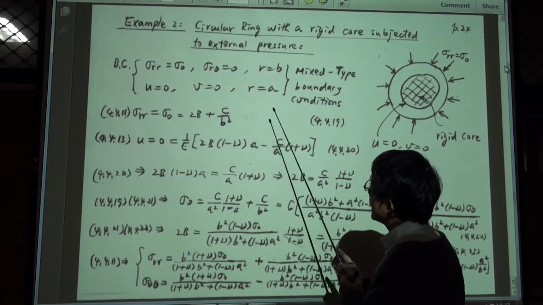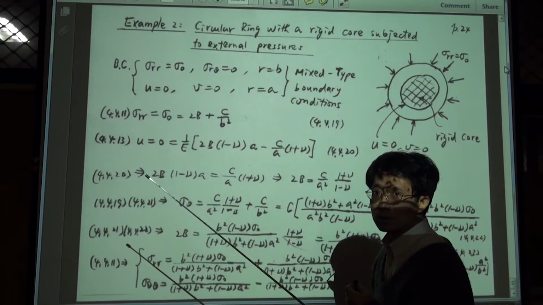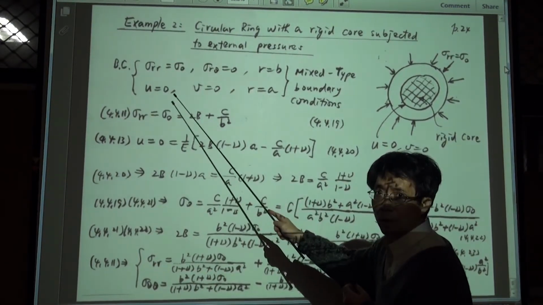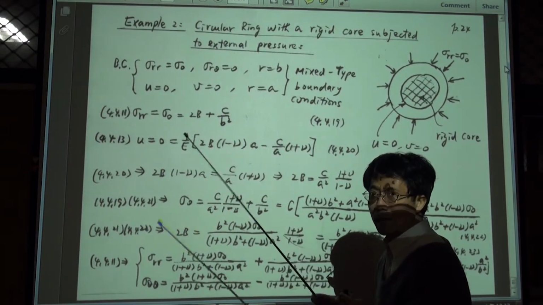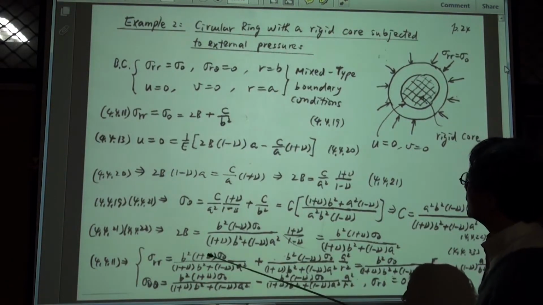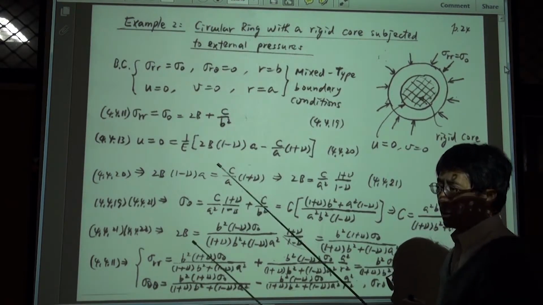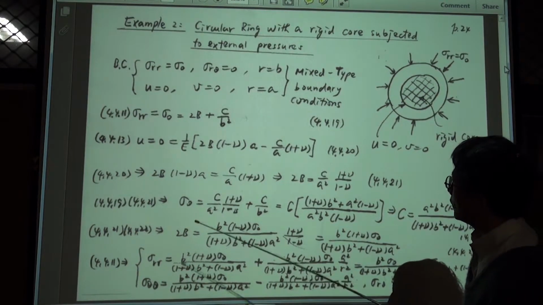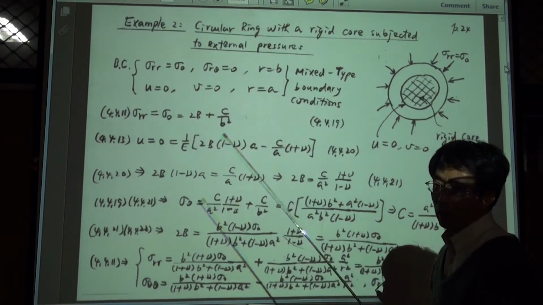So it is not a traction boundary condition. We call it the mixed type because we have some traction and we also have some displacement. Okay, we mix them up together. But the process to solve for the constants B and C is almost the same.